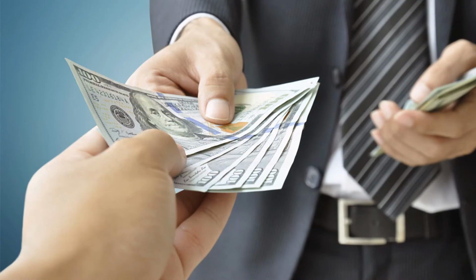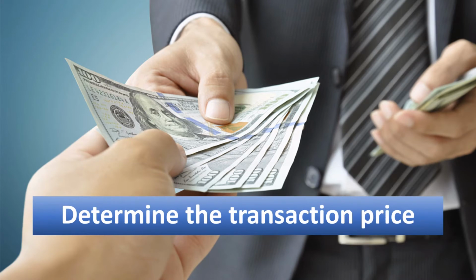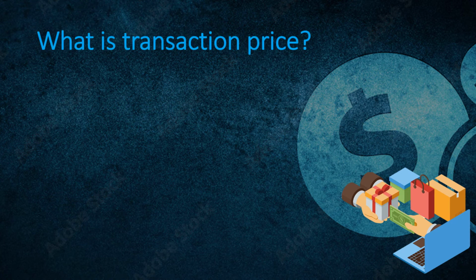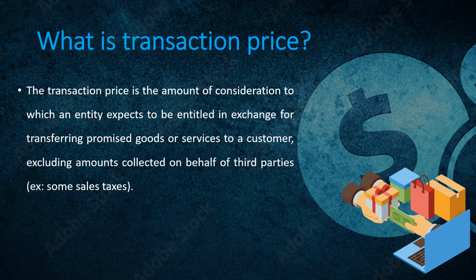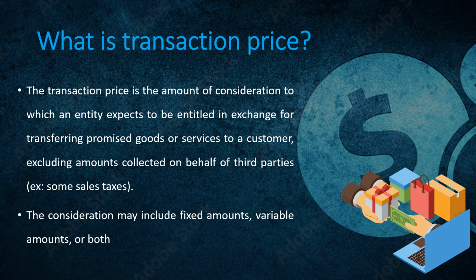Under the third step, let's see how we are going to determine the transaction price. Now let's see what a transaction price is. The transaction price is the amount of consideration to which an entity expects to be entitled in exchange for transferring promised goods or services to a customer, excluding amounts collected on behalf of third parties.